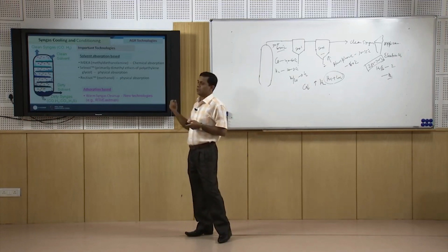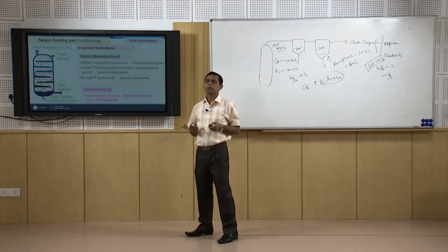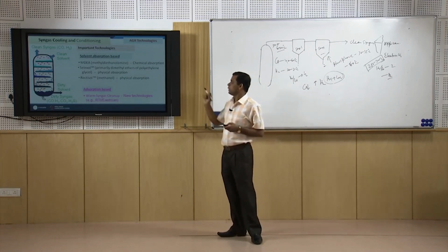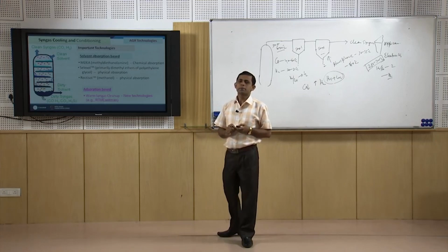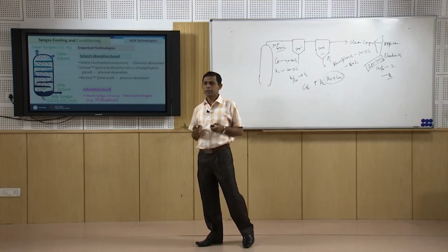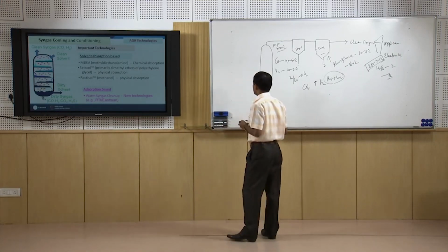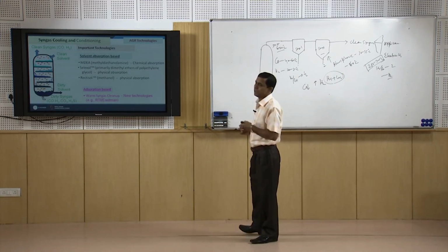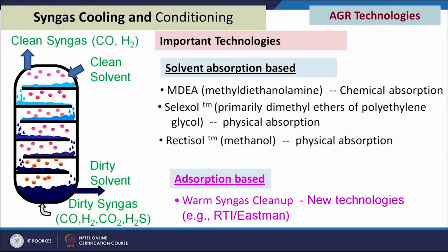Most of the old commercial plants are based on the absorption technology, and there are basically three major absorbents that have been reported and used commercially. Those are MDEA, that is methyl diethanolamine, Selexol, that is primarily dimethyl ethers of polyethylene glycol, and Rectisol, that is refrigerated methanol.